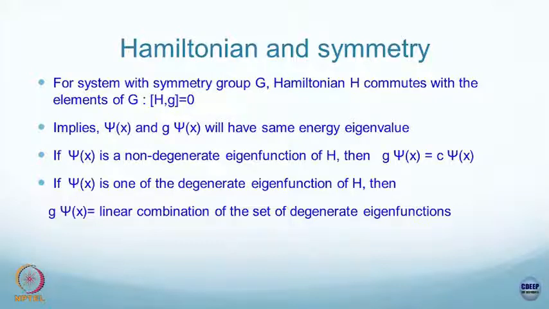Suppose the group is C2: the Hamiltonian will commute with every element of this C2 group. The non-trivial element is only the C2 element, and the Hamiltonian will commute with that. Once it commutes, in quantum mechanics, you allow for the state psi of x and g psi of x to have the same energy.